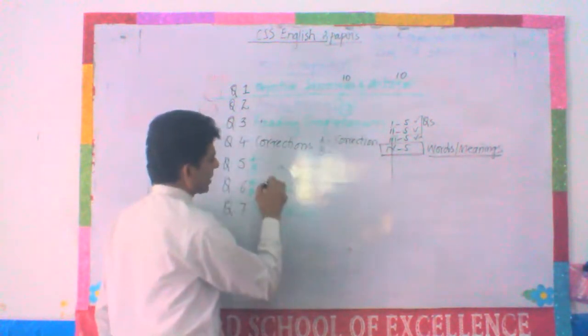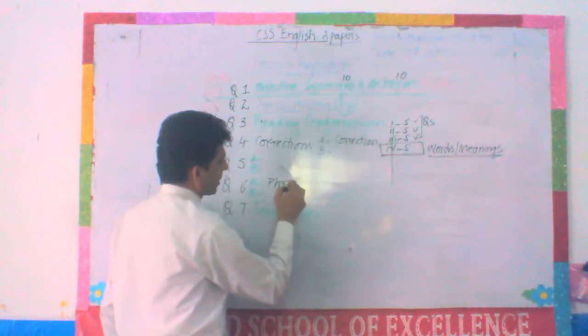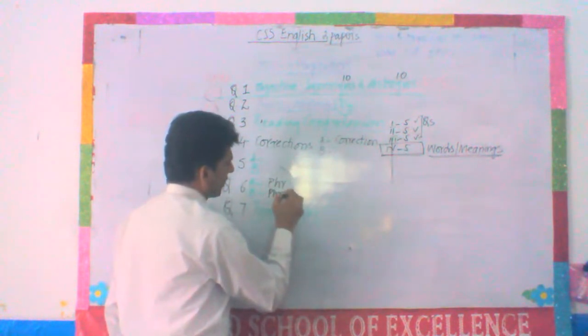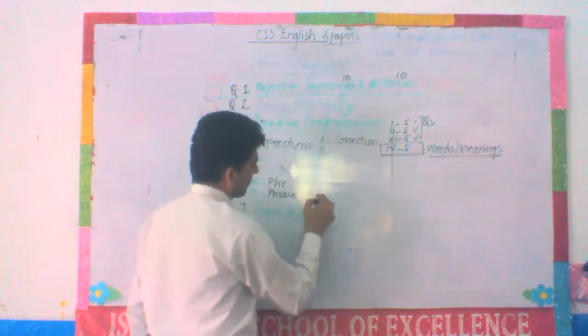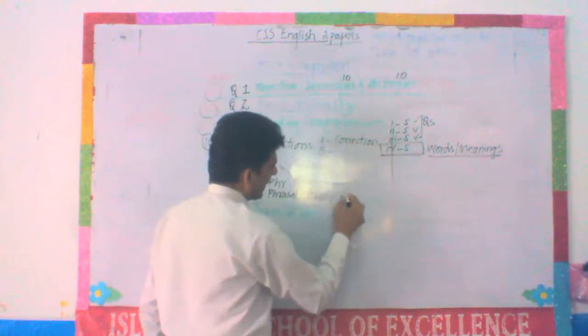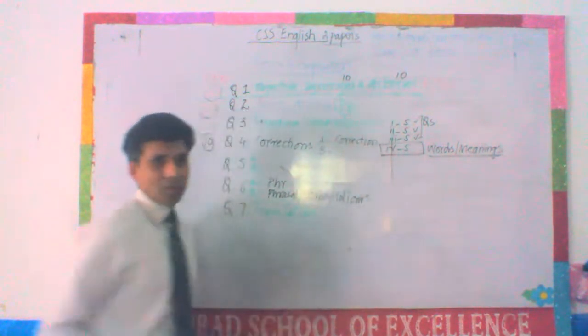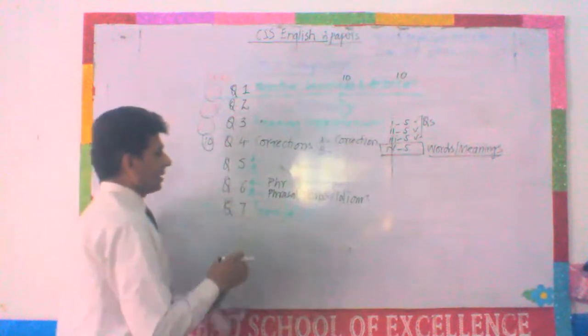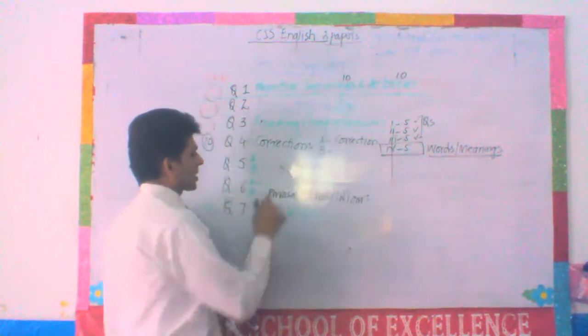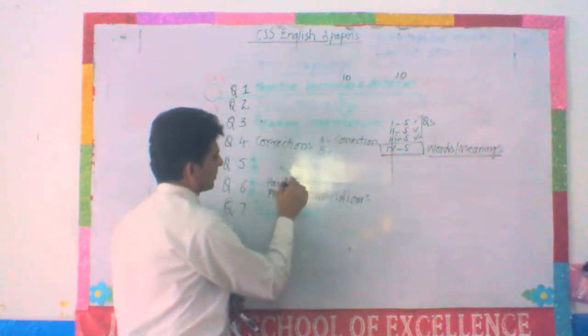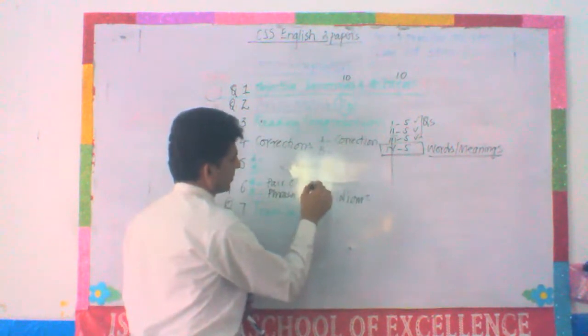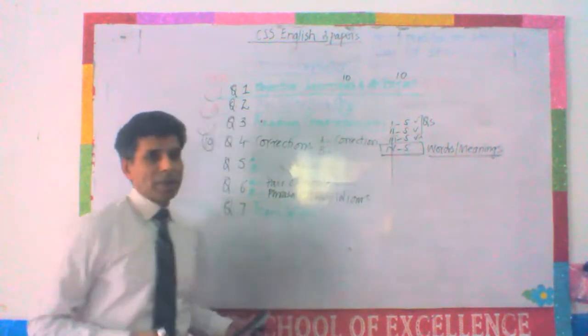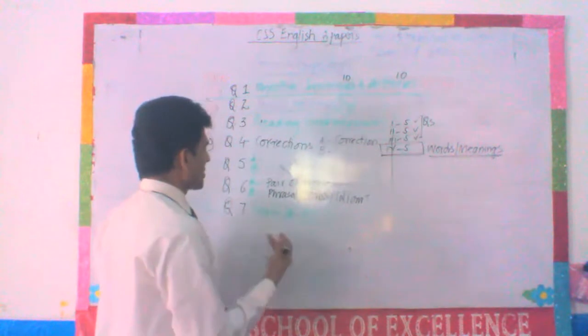6 part is about phrasal verbs and idioms, and here, pair of words. Words liable to be confused, or confusing words.